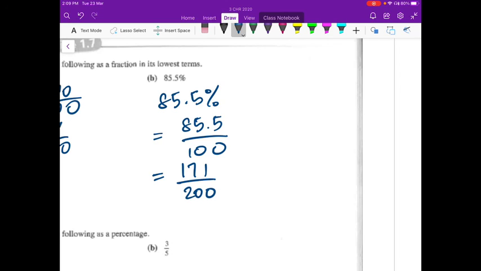Yeah. You can, but why use calculator? Correct. You are absolutely right. But what I'm saying is that calculator can do it.